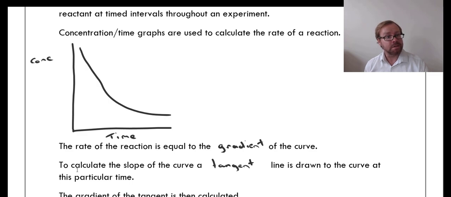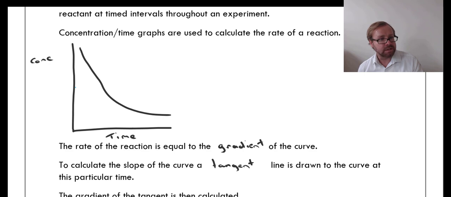That means there must be different rates happening at different concentrations throughout this reaction. Therefore, to work out the rate at a particular given time, we have to draw a tangent line to the curve.